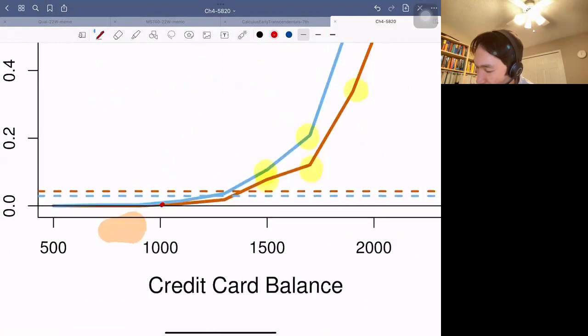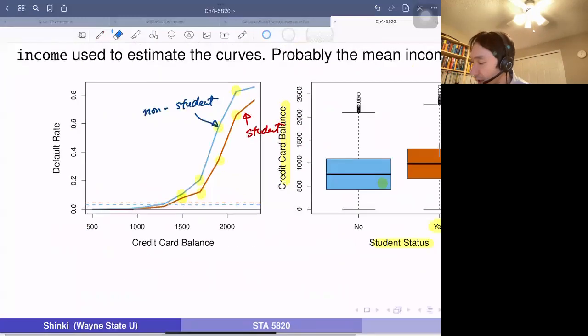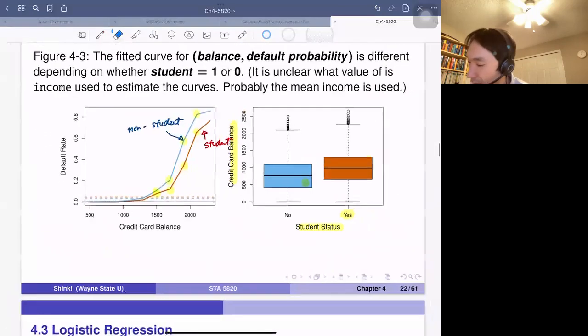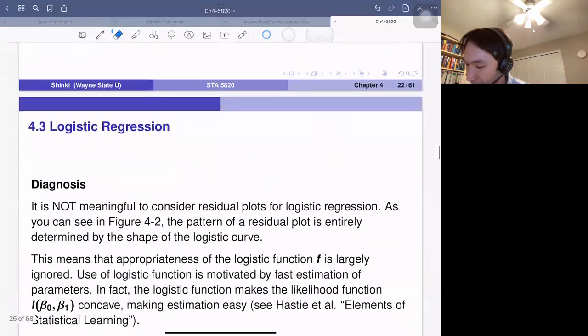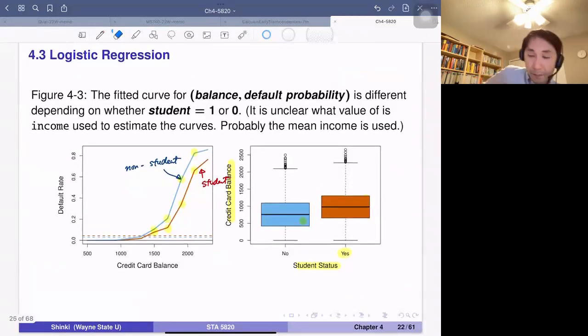So I don't know, this point on the red curve and this point on the blue curve or something like that. And actually the red curve has a slightly higher value. We cannot really see it here, but that is what's happening exactly. Any questions so far?